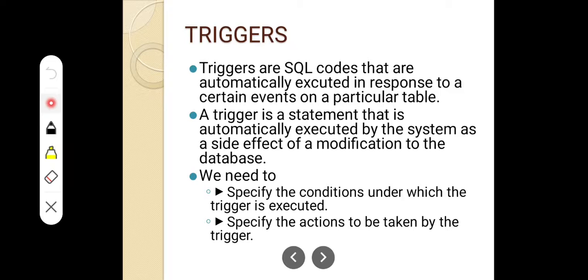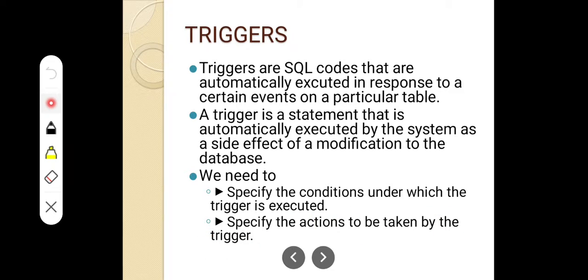Clear? Now in triggers, what is the requirement of a trigger? Okay, what needs to be specified in a trigger? We need to specify the conditions under which the trigger is executed. We need to give the condition of when the trigger has to be executed. Okay, so when this trigger has to be initiated, that condition is to be specified. Okay, specify the action to be taken by the trigger.